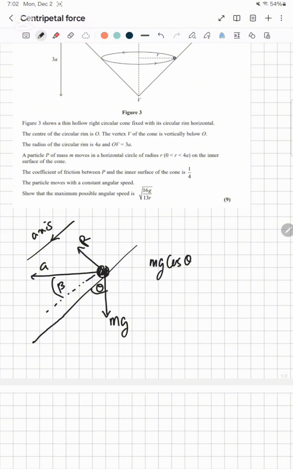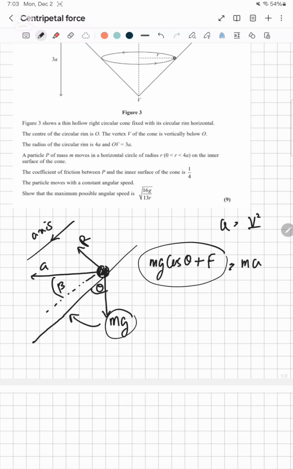I'm resolving this force to this axis, and then if I write plus friction, it could be minus or plus, but I'm taking plus. These are the two forces that act, and this equals ma. And we know a equals v squared over r, which we use for centripetal force.